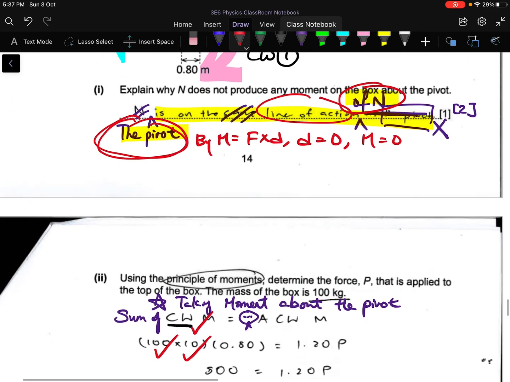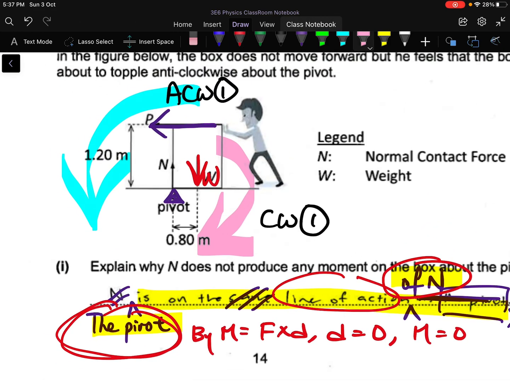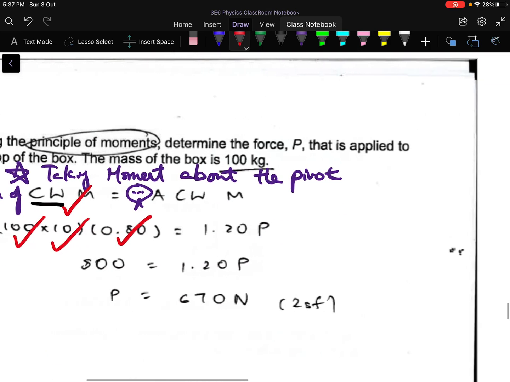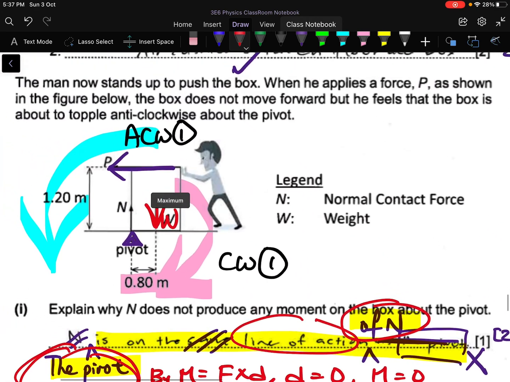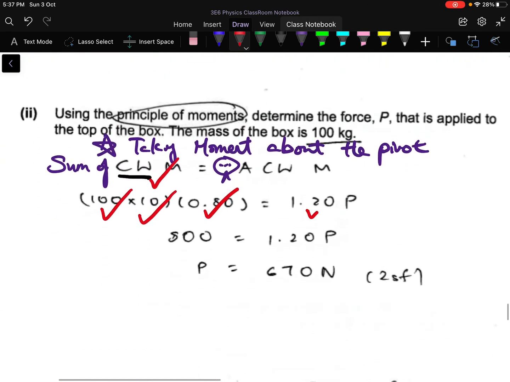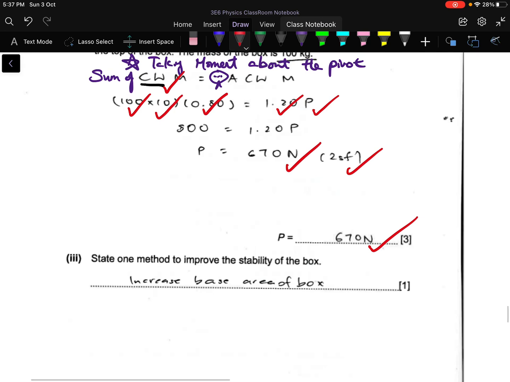And it is on the correct side, the clockwise side. Distance, very good, 0.8. It will be equal to the anticlockwise moment, which is given by the unknown force P, which is 1.2 meter away from the pivot. So very good. If she did her math properly, this would be the answer. And you got yourself 3 marks, right?